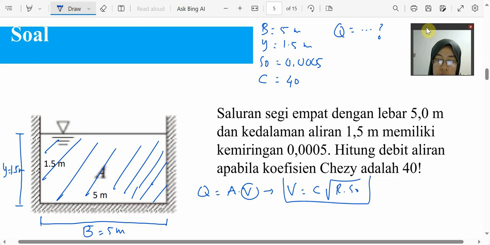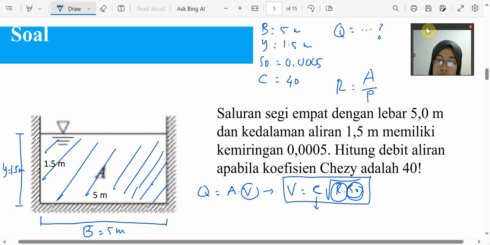From the last slide, C is the Chezy coefficient, R is the hydraulic radius, and So is the slope of the channel. C we already have, 40, and So also, 0.0005. So we need to find the hydraulic radius R, which is A over P.